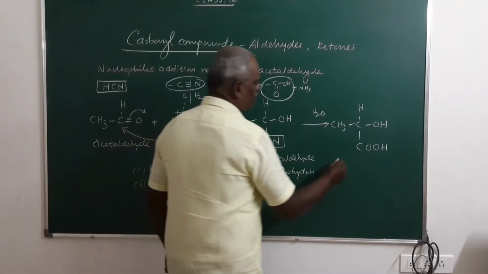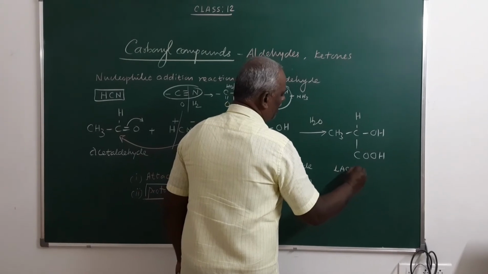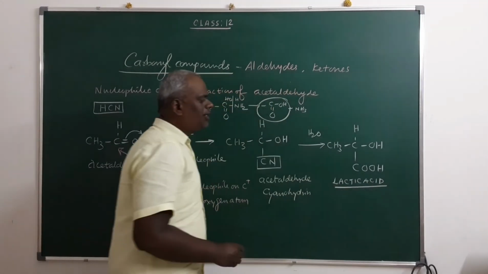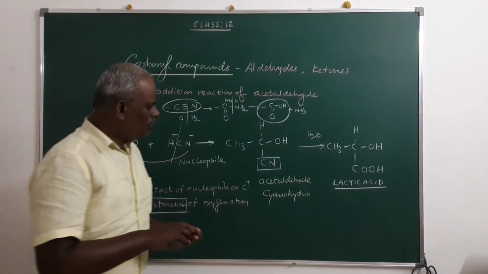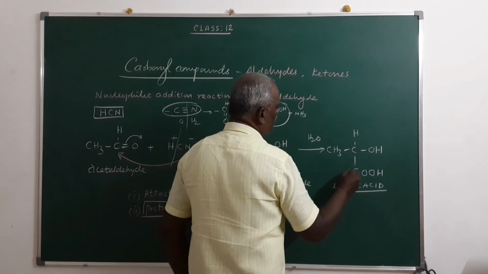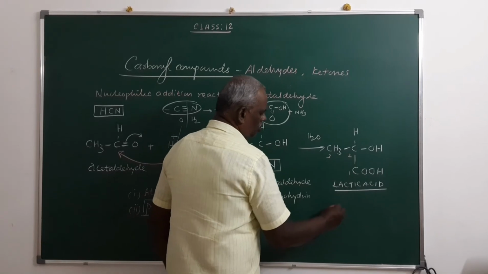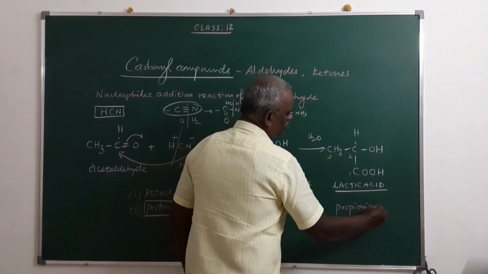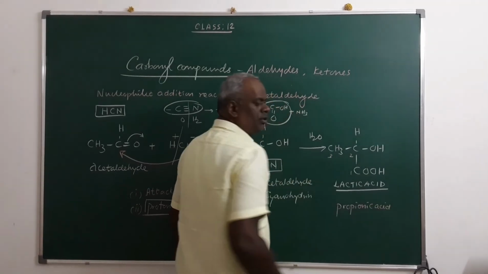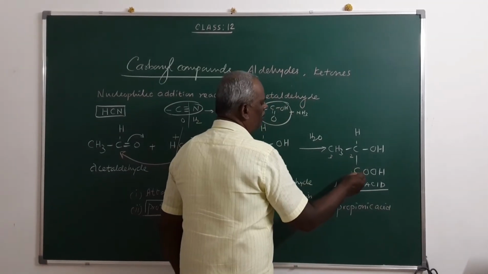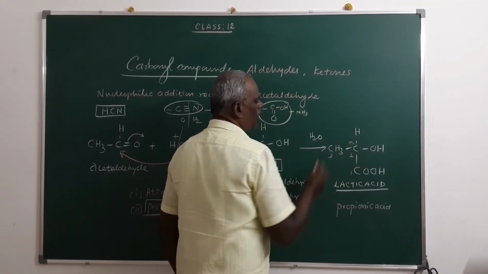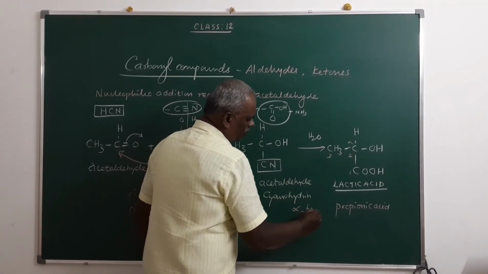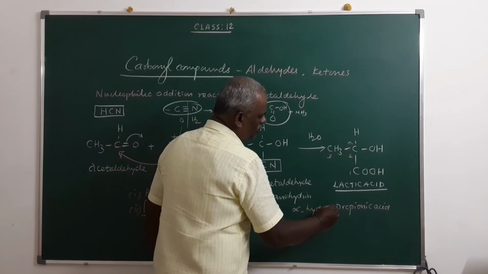This acid is nothing but lactic acid, an optically active acid. It has another name. There are 3 carbons in a row, so we can call this propionic acid, in which the alpha carbon, the carbon next to the functional group, contains the hydroxy group, so we can call this alpha hydroxypropionic acid.